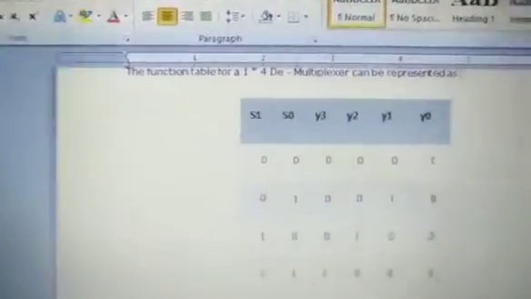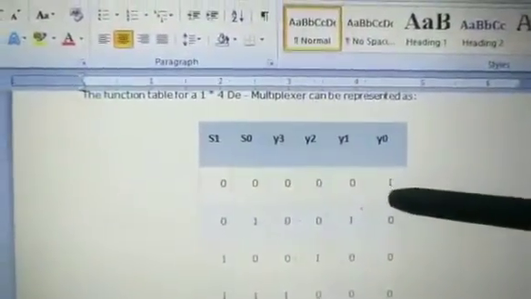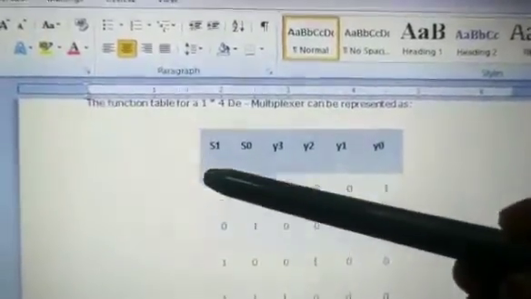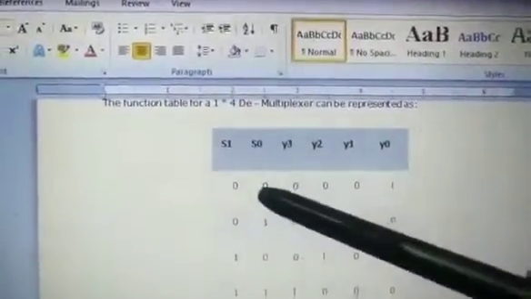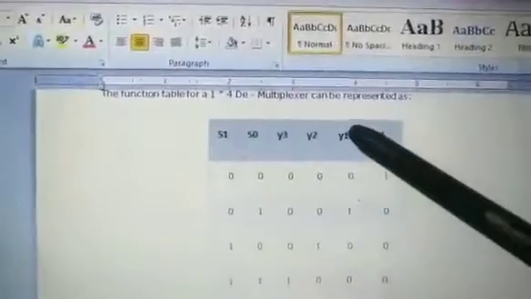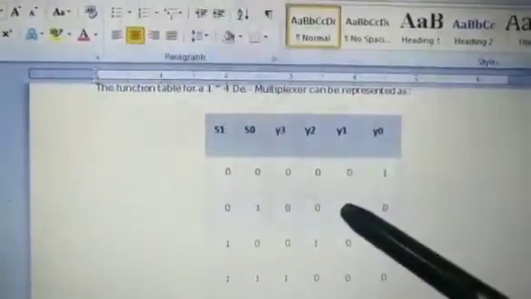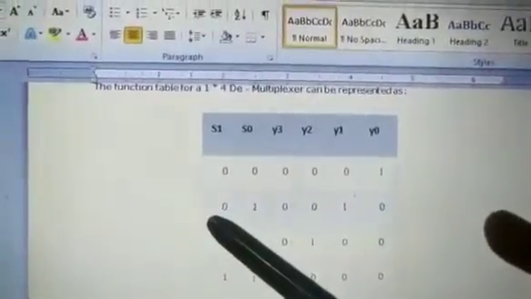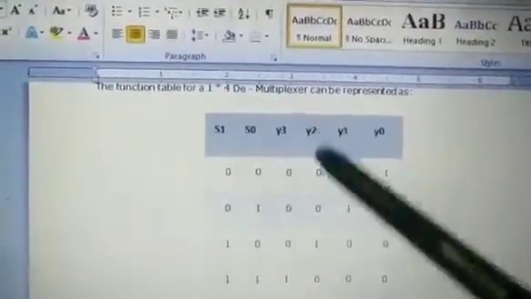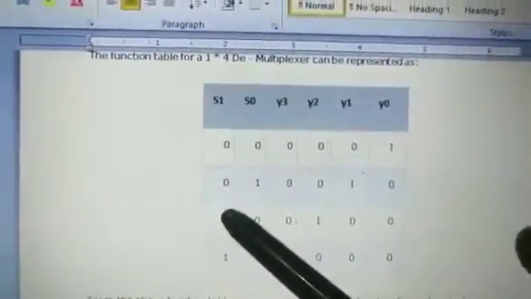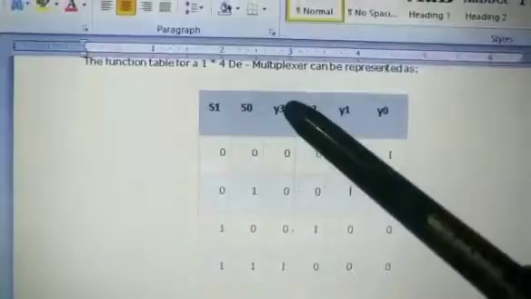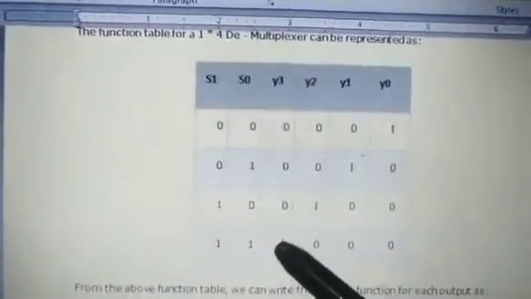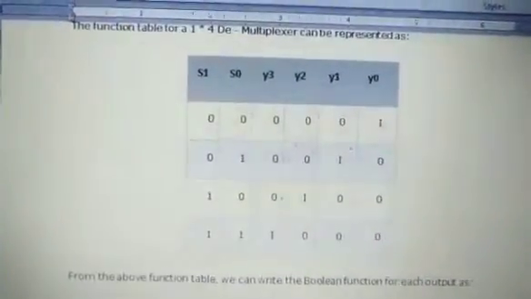I is connected to Y1 when S0 is 1 and S1 is 0. I is connected to Y2 when S0 is 0 but S1 is 1. And I is connected to Y3 when both S0 and S1 are 1.